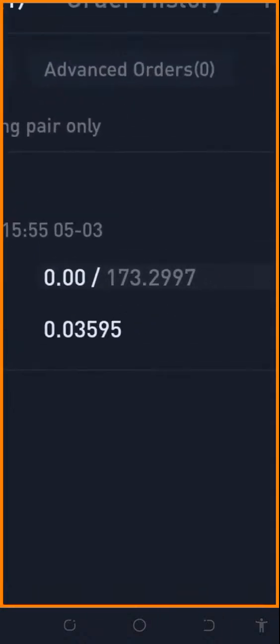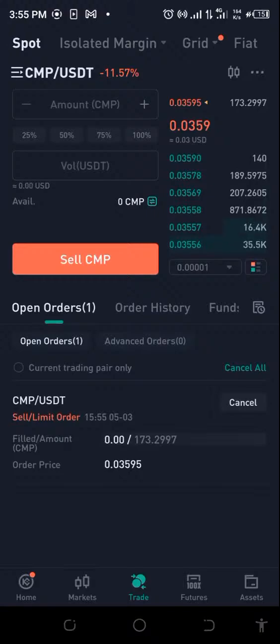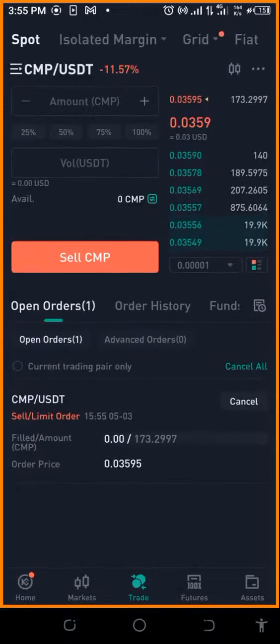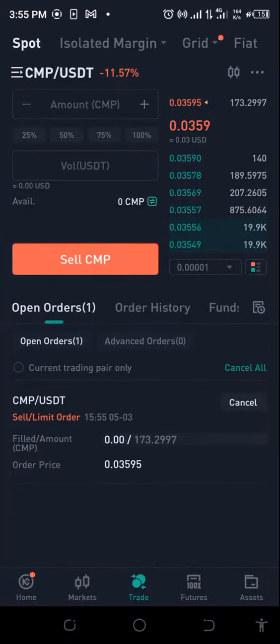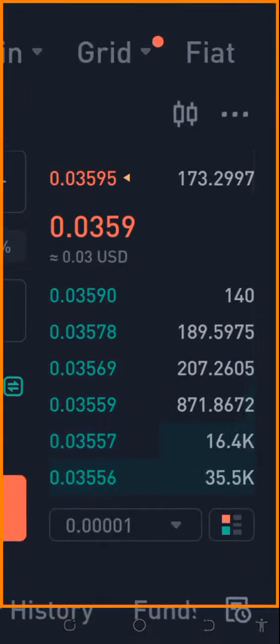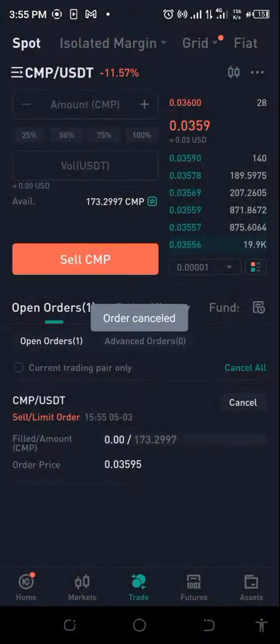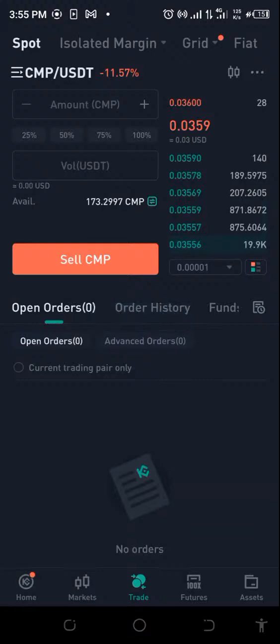Okay? So I'm thinking that if I can get this sold immediately, this is 173. Okay, if I'm going to be able to get this sold immediately, let me see. This is 173. I may have to sell it at this lower price. Let me cancel it one more time. Let's do this, whether this will work.